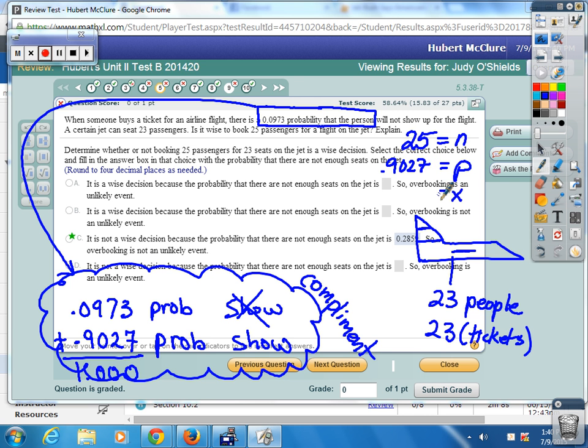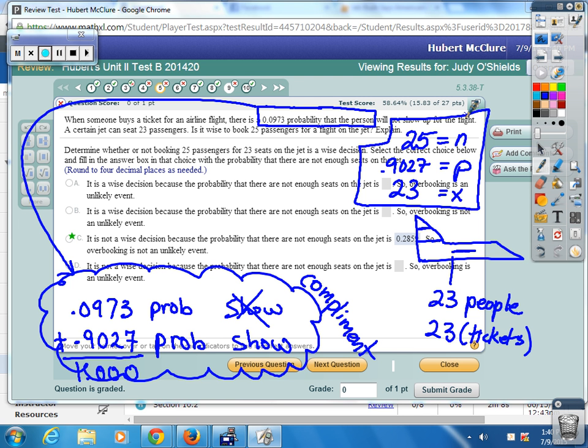And X is equal to 23. Now, take your binomial, is it binomial CDF or binomial PDF? It's A. Second bar is A. What is A? Somebody tell me. PDF.